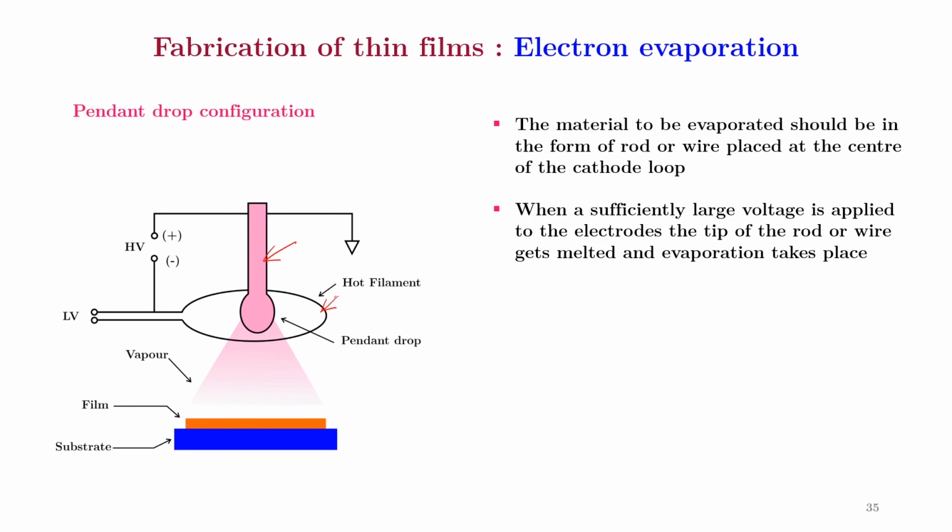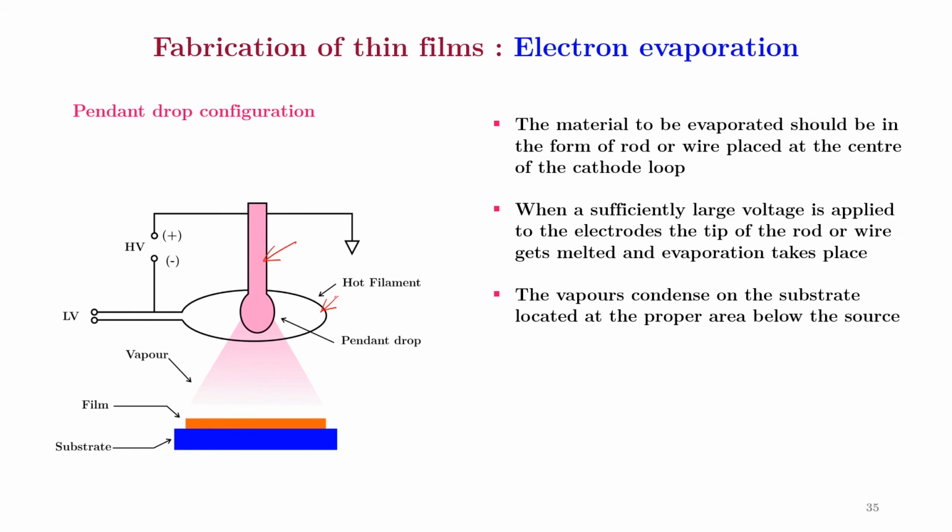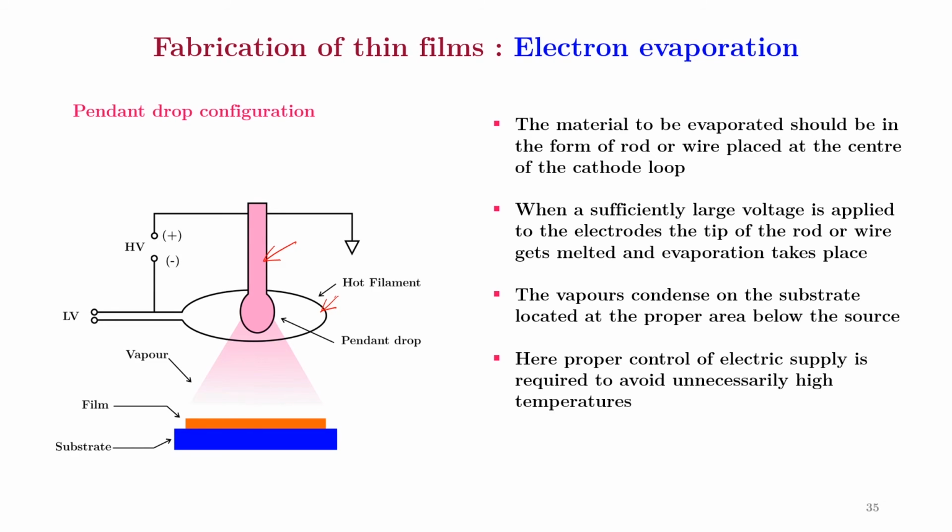When a sufficiently large voltage is applied to the electrodes, the tip of the rod or wire gets melted and evaporation takes place. The vapors condense on the substrate located at the proper area below the source. Here, proper control of electric supply is required to avoid unnecessarily high temperatures. The main disadvantage of this method is the poor focusing.